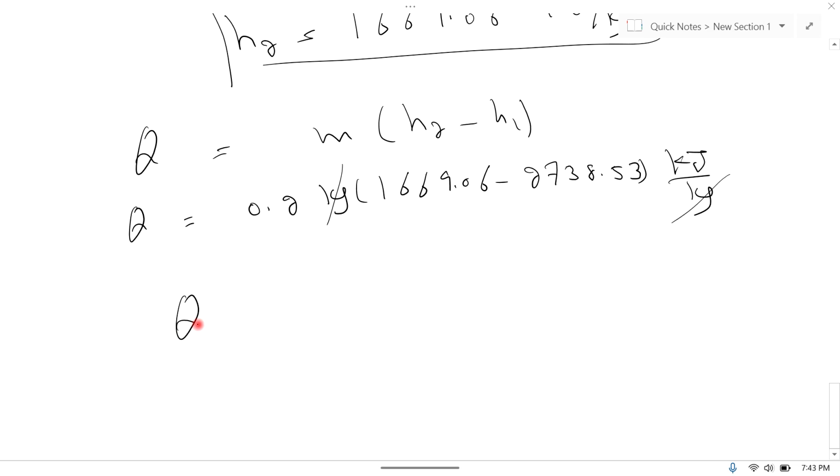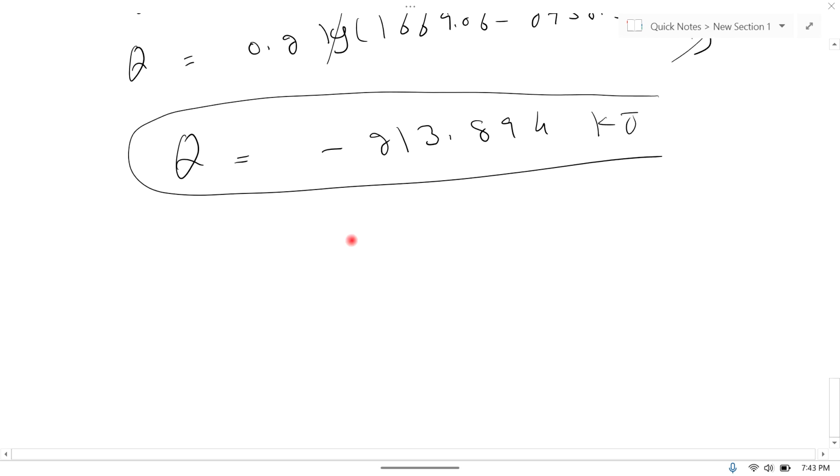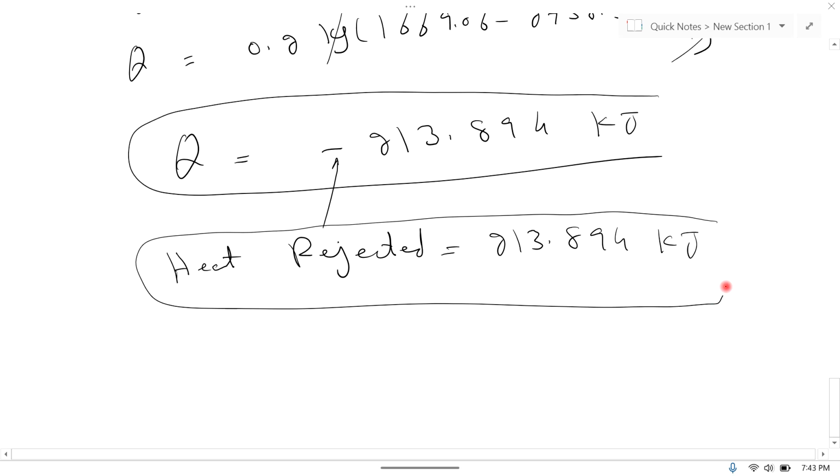So Q is equal to minus 213.894 kilojoule. The negative sign means that heat is rejected, because during cooling heat is rejected. So heat rejected is equal to 213.894 kilojoule. This is the final answer.